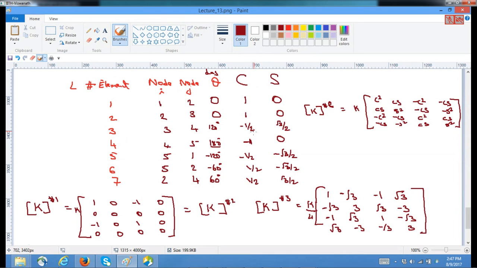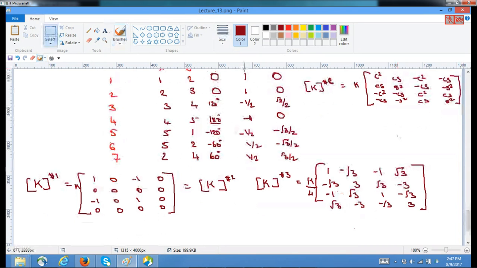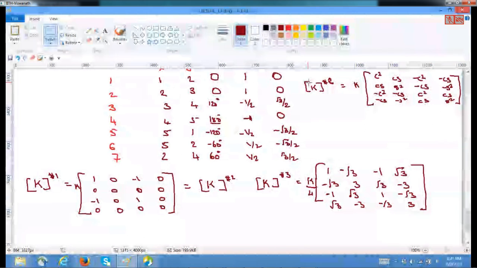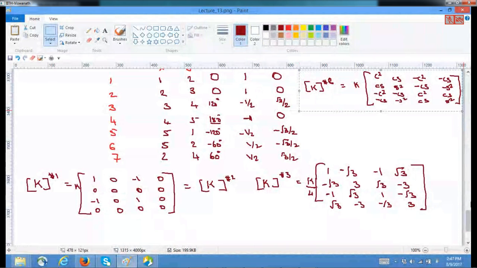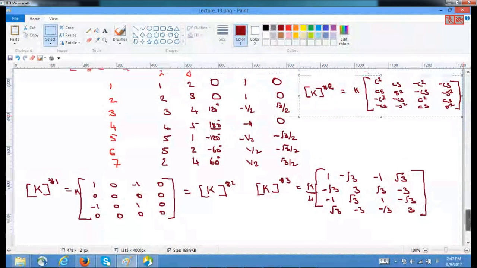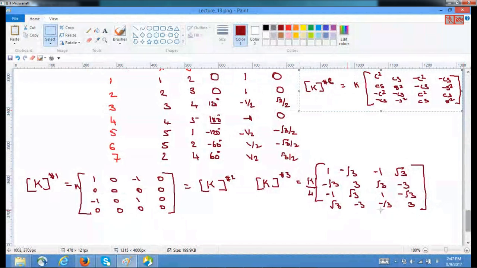I just derived based on this as C and this as S. Let me move these things a little bit so that I can have a view of it.